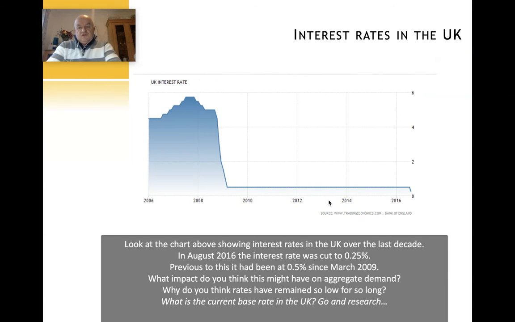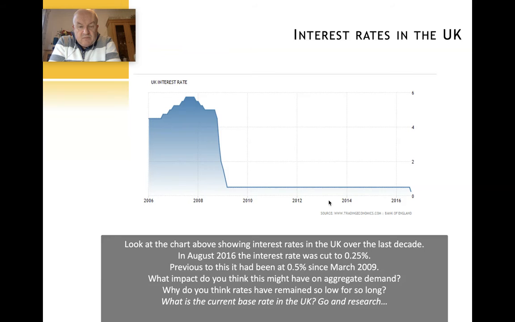If we take a look at interest rates historically then, as you can see, there were significant changes since 2008, 2009. Before that, from 2006 through to really 2009, we were talking about 4-5% interest.